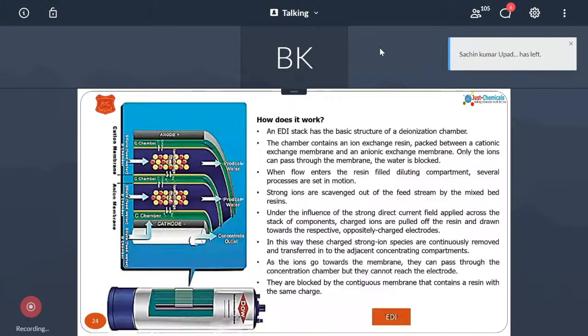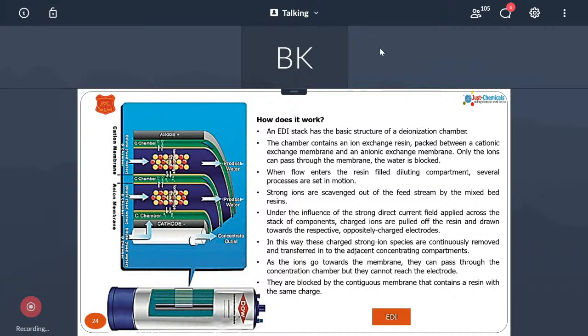Now this is EDI, the electrodeionization process, where resins as well as membranes are used together to remove the cations and anions, to remove the dissolved solids in the water.